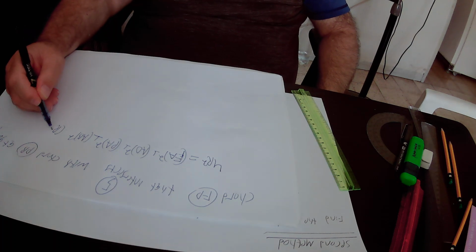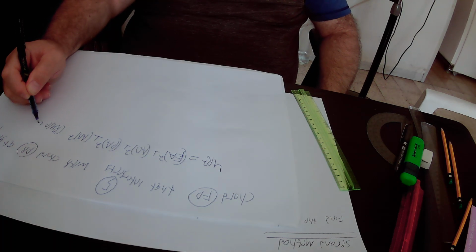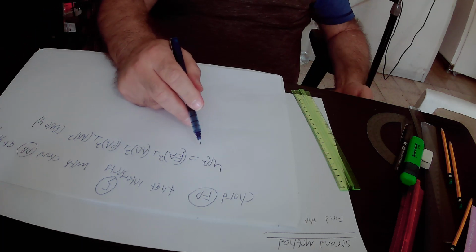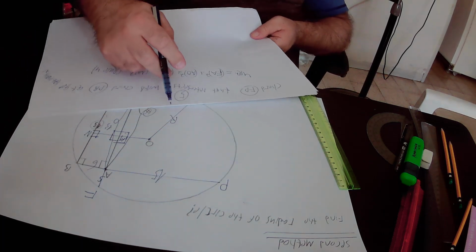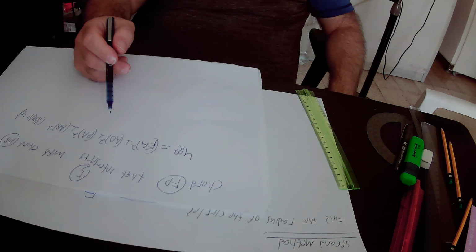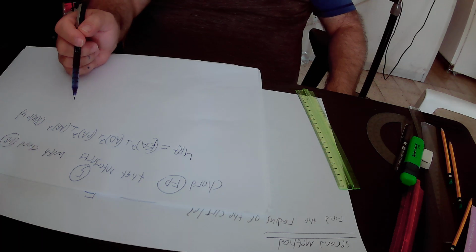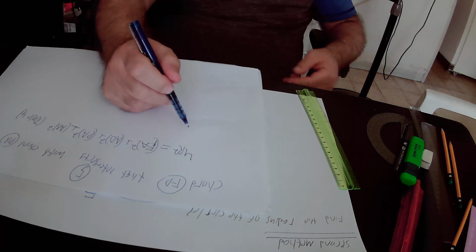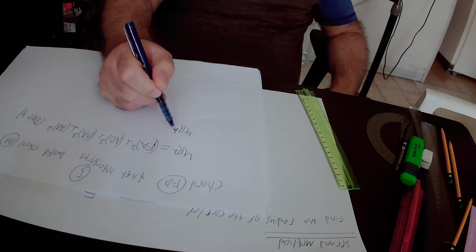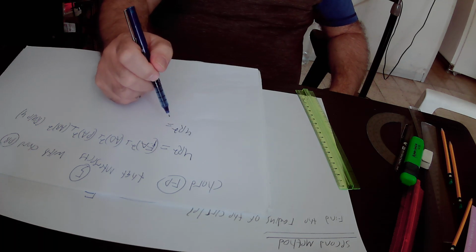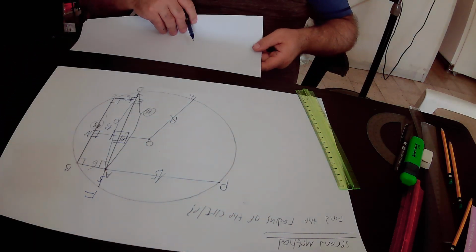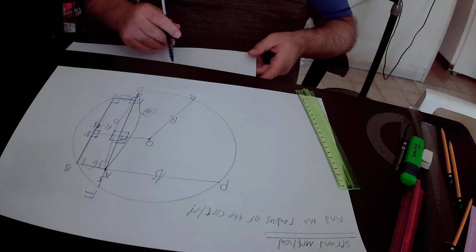It states that 4 times R squared, R is the radius of this circle, equals FA squared plus AD squared plus PA squared plus AB squared. So capital R is the only missing variable, and you can find it by solving this equation. This is true according to rule number 4.